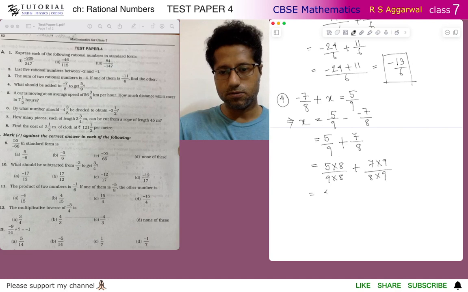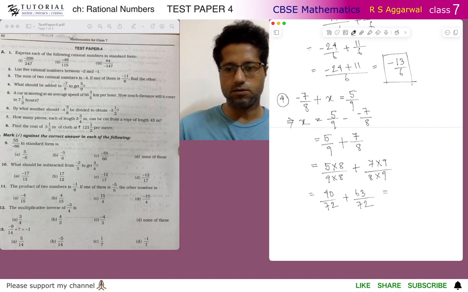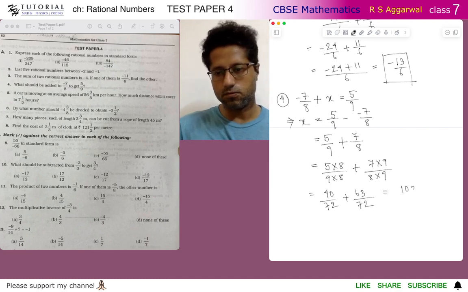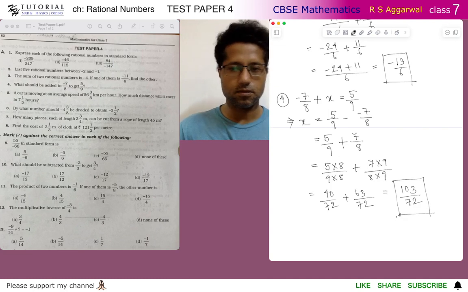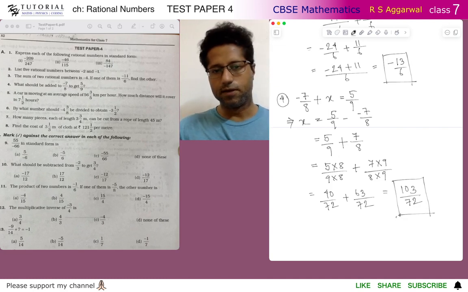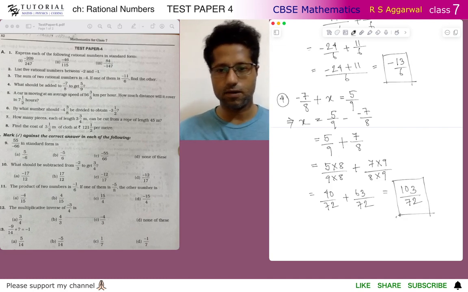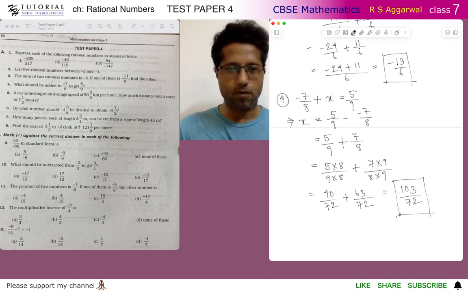So this becomes 40 by 72 plus 63 by 72. This is 103 by 72. So this is the answer. You can also convert it to a mixed fraction if you wish, but I am leaving it here. Okay.